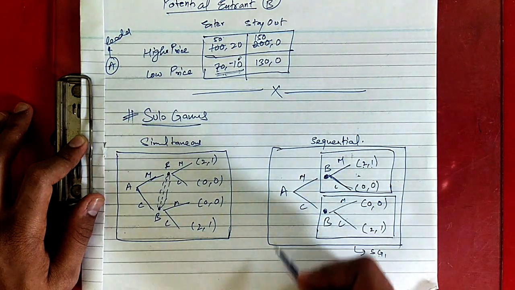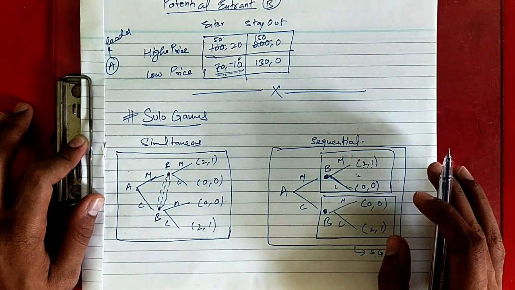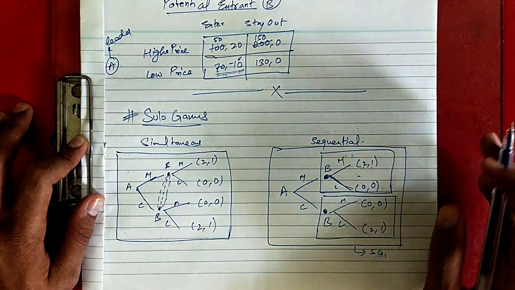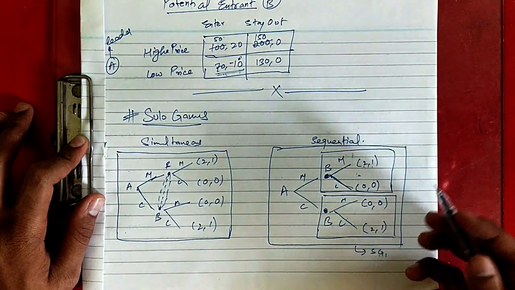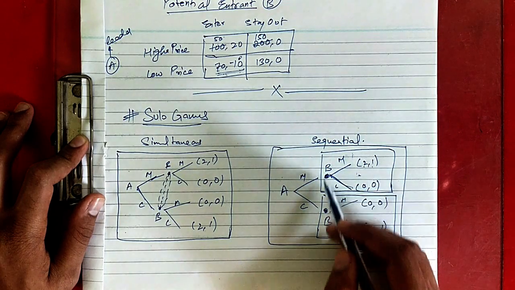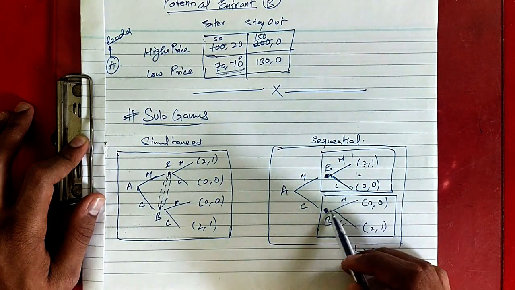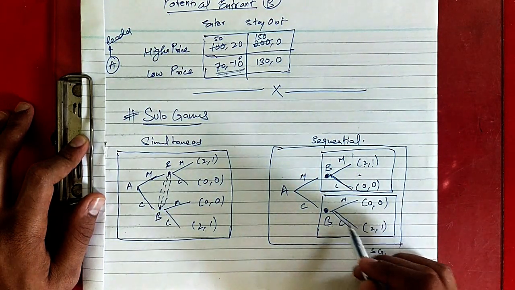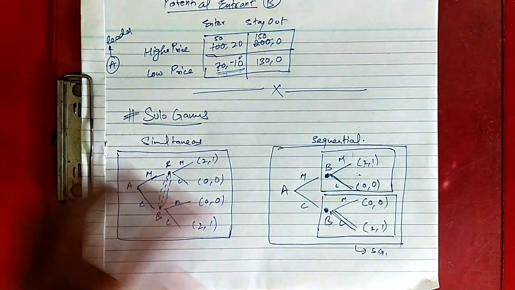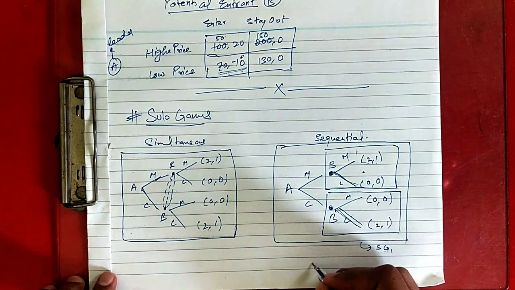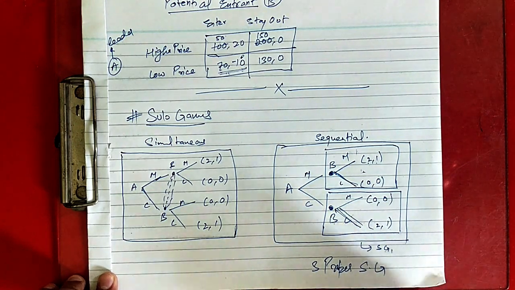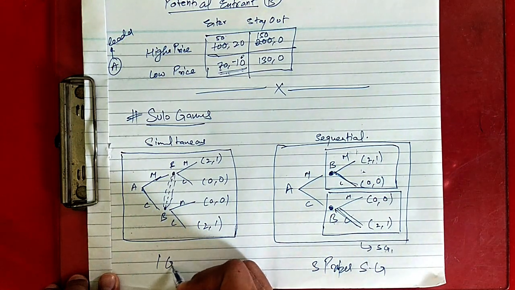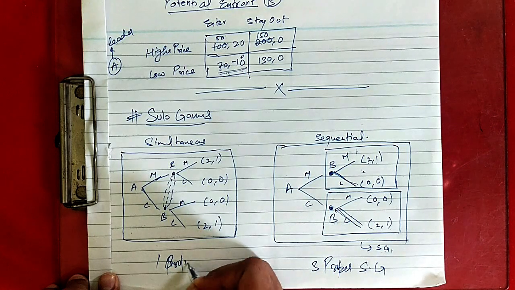One is the whole game itself, and two are subgames starting with the decision node where player B takes the decision. So in this there are three proper subgames, and here only one proper subgame.